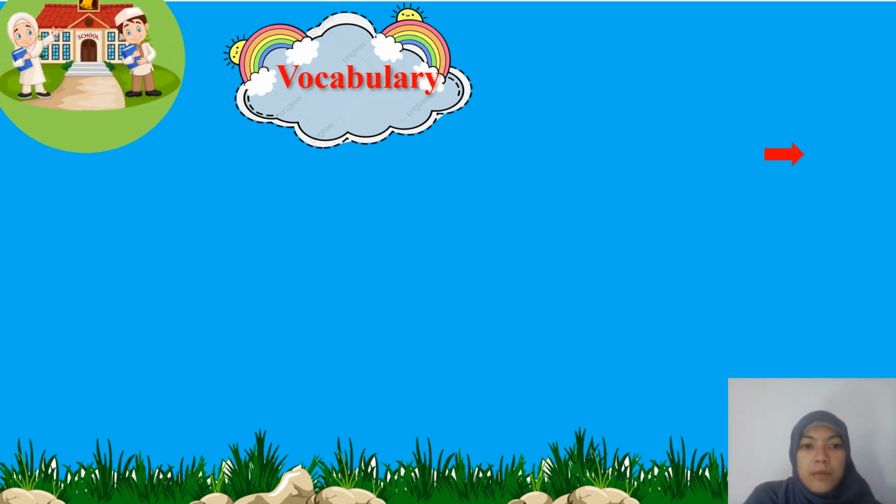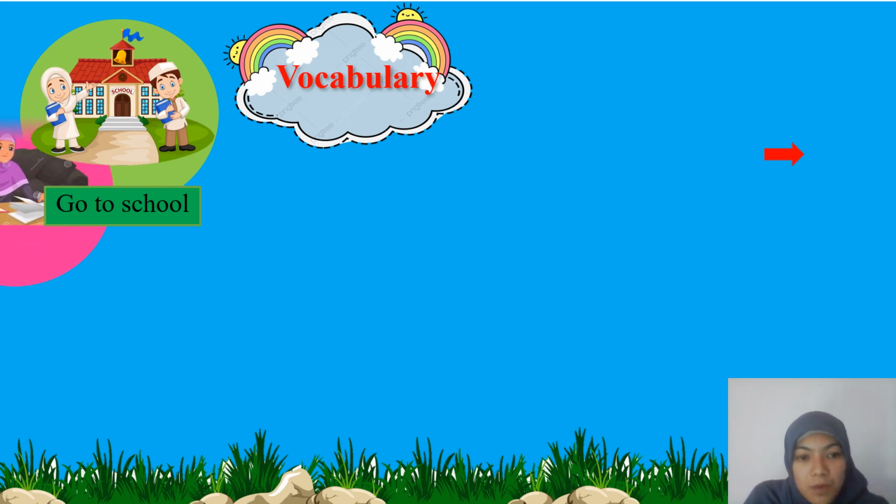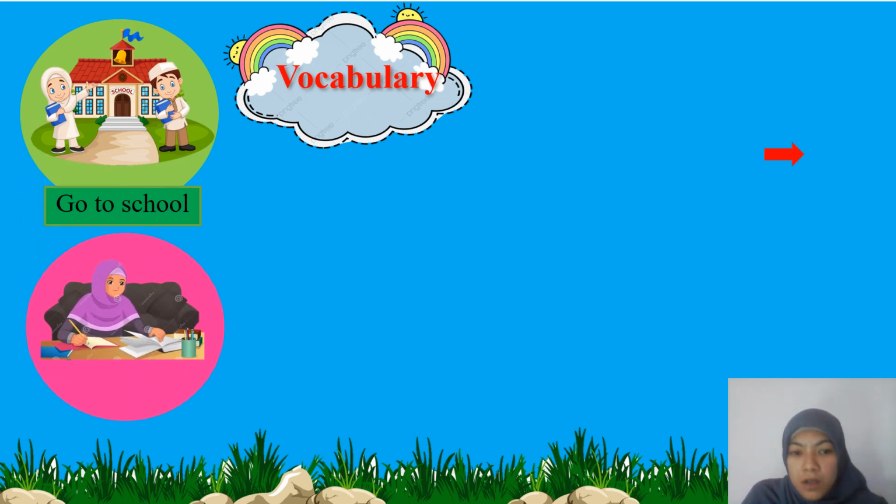The first vocabulary. Do you see? And this picture is called go to school. Go to school. And this is one of the routines or activities that you do in one day. Okay. And the next one, what does she do? You can say do homework.